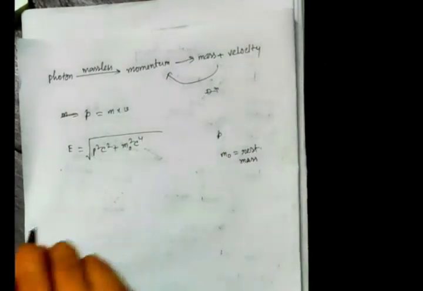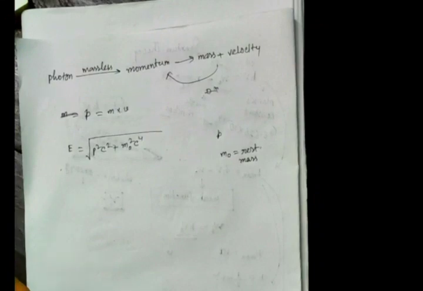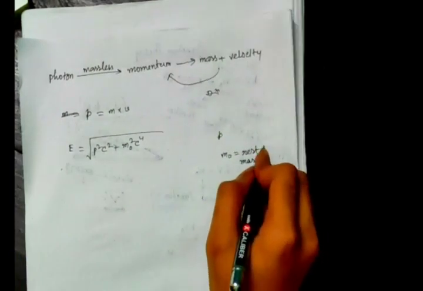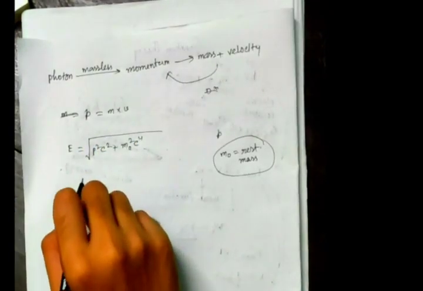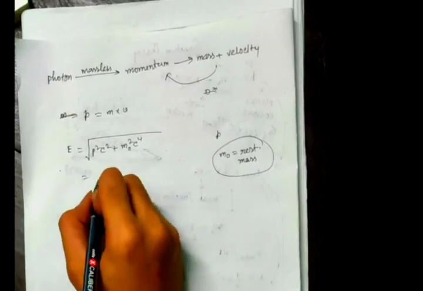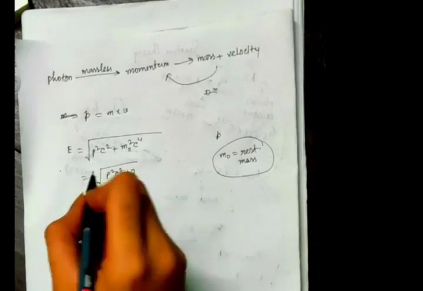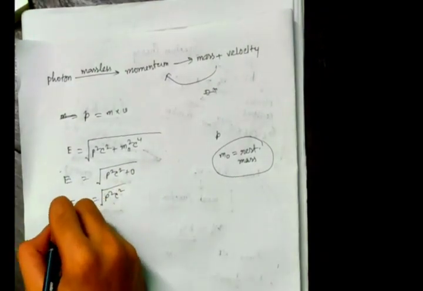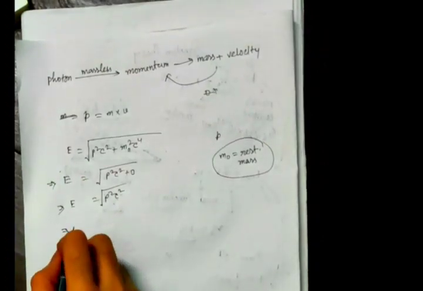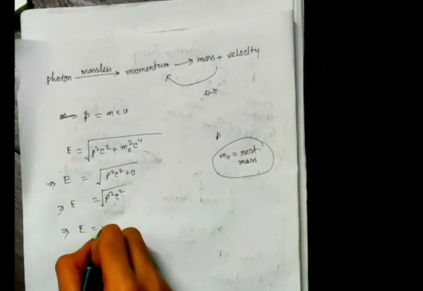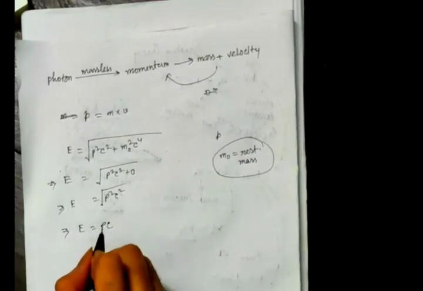Okay, it is said that when a body is at rest and when the body is at a speed near light, the mass changes. Therefore, we should talk about the rest mass, and c is the speed of light. Now, in case of photon, the rest mass is 0. Then it is root over p square c square plus 0, that means E equals pc.